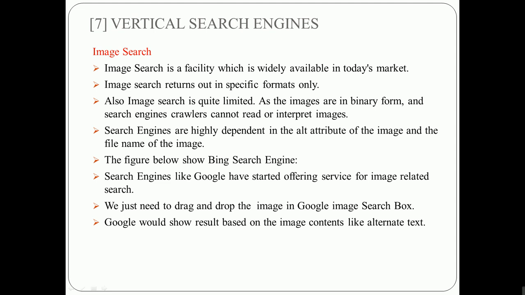Google will show results based on the image content, like alternate text. In the alt tag we provide the text, so Google will give you a result like this, based on the alt text of an image.